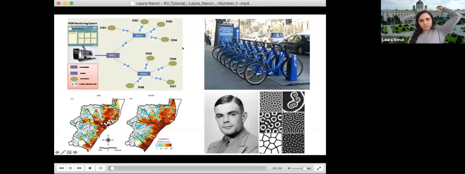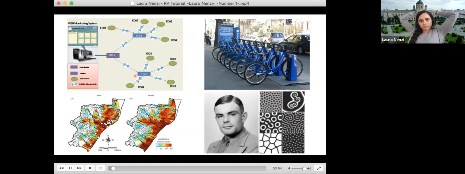We can see here some examples. On the top left, we have a wireless sensor network. So we have a number of sensors distributed in a space that collect some data and that can be connected to each other in some way.